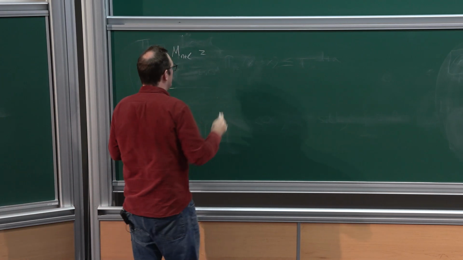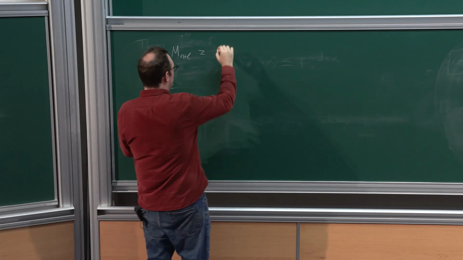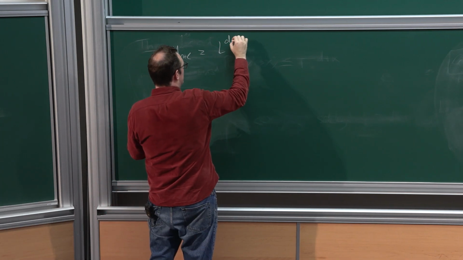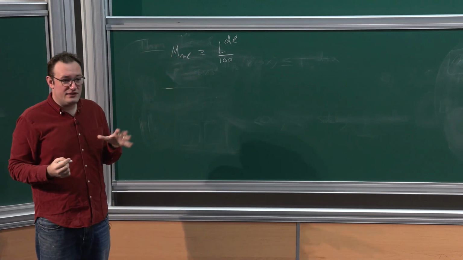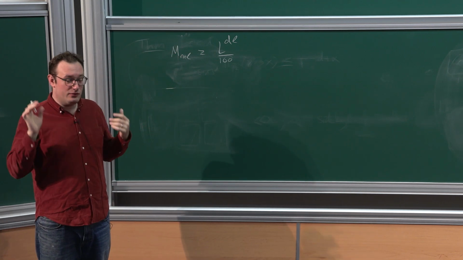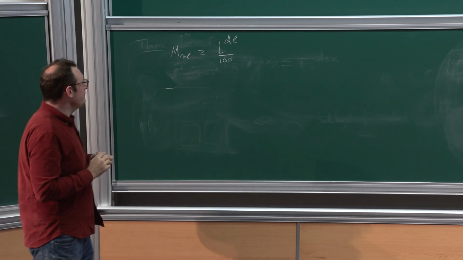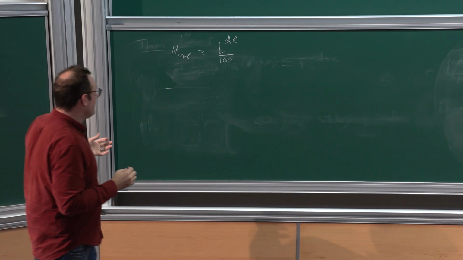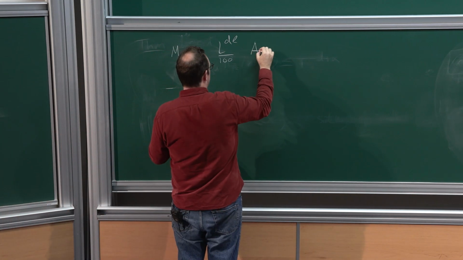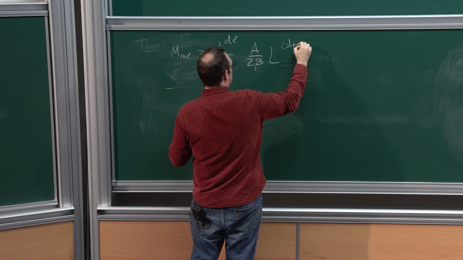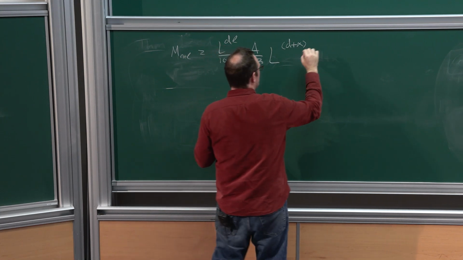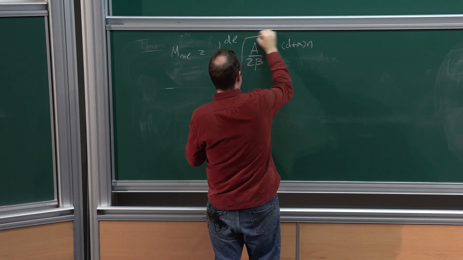Well, we said that on our good event, there were going to be L to the D small l over 100 of these good blocks, good copies that had this large cluster, and then each one of them had size at least A over 2 beta L to the D plus alpha, and the square root of this.